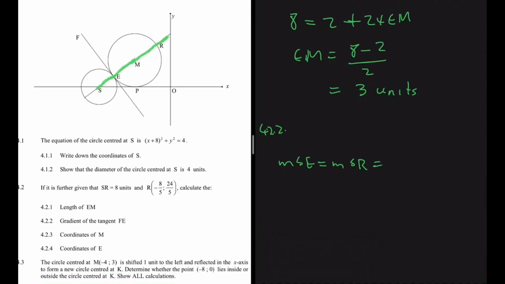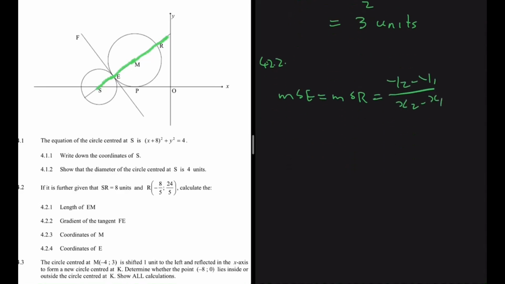So that will be equal to y2 minus y1 divided by x2 minus x1 by definition. So let's take R as our second coordinate, right? We have the coordinates of R here. So y2 will be 24 divided by 5, and then y1 will be 0, right? Because S rests on the x-axis.